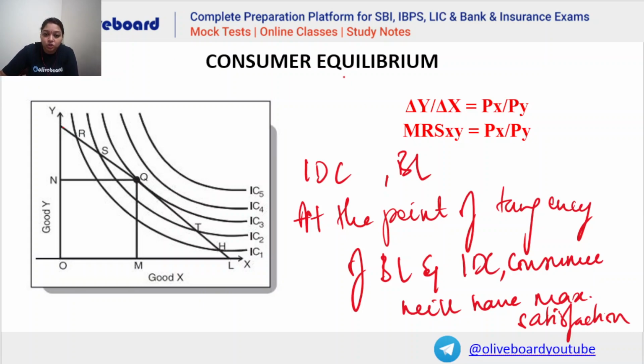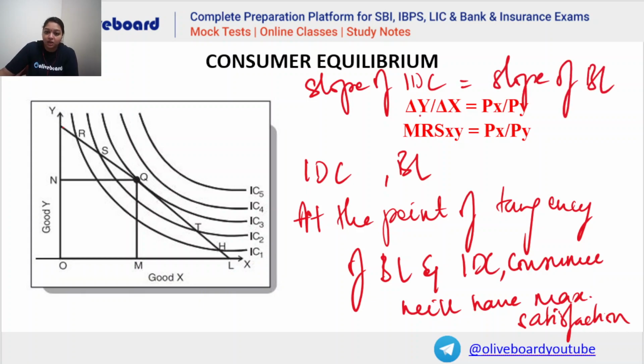So how is it shown? At that point of tangency, the slope of the indifference curve is equal to the slope of the budget line, right? This is the slope of the indifference curve, this is the slope of the budget line. When these two are equal, then we say the consumer is in equilibrium.